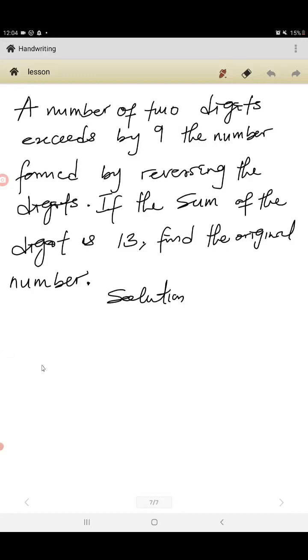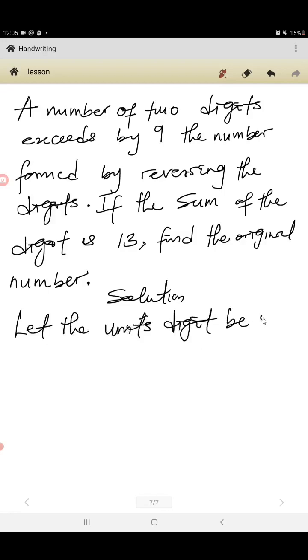Now, what we do first is let the unit digit be y and the tens digit be x.